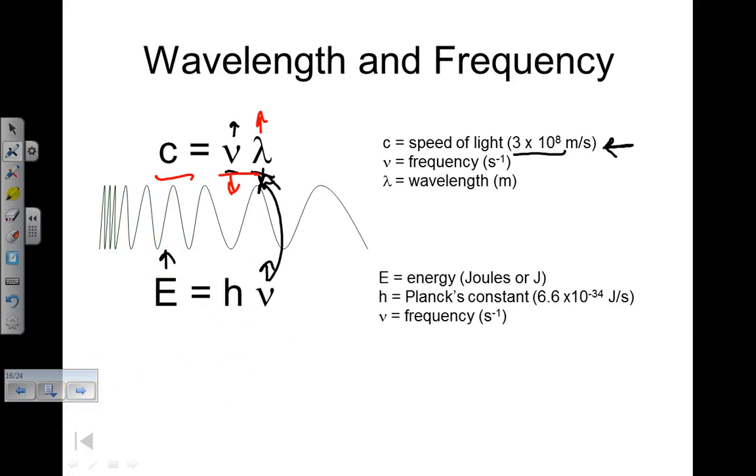Well, that's exactly right. And that's because this value right here is Planck's constant. Max Planck, if I pronounce that right, was the guy who researched all this stuff. And so they gave him this constant. It's the constant that shows how energy is related to frequency. It's always going to be 6.6 times 10 to the minus 34 joules per second.